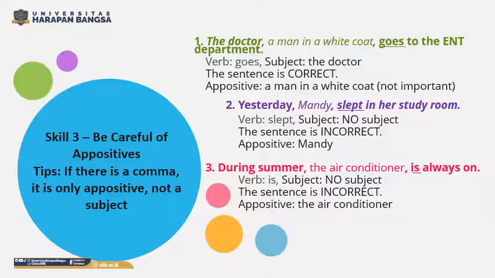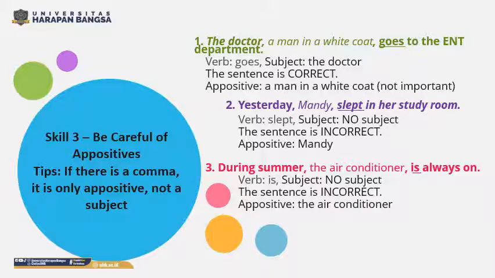Now find the verb of the sentence. Can you find it? Yes, the verb that we have is goes, while the subject is the doctor. So the sentence is correct. The appositive is a man in a white coat, and it's not important. Don't bother that. Tidak usah dipedulikan.